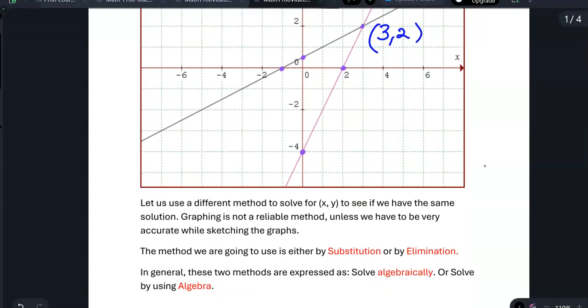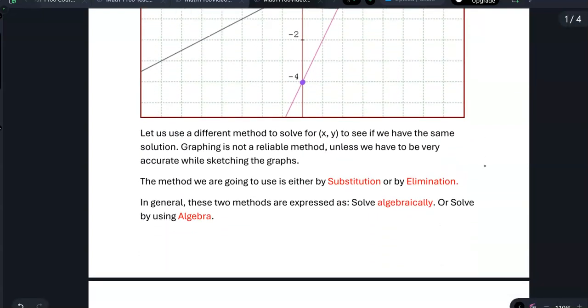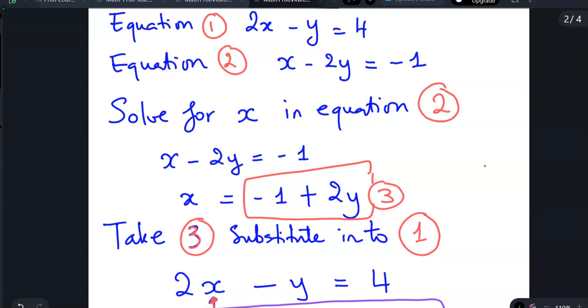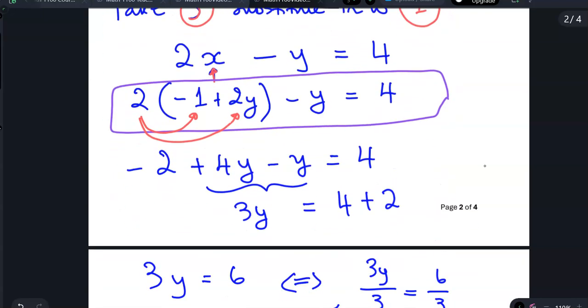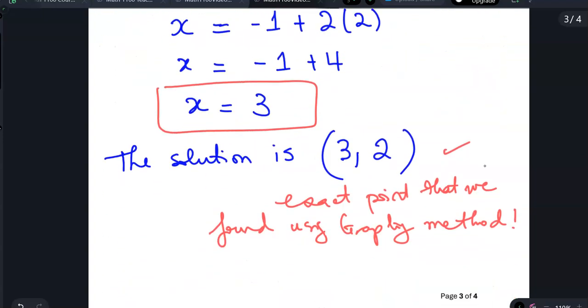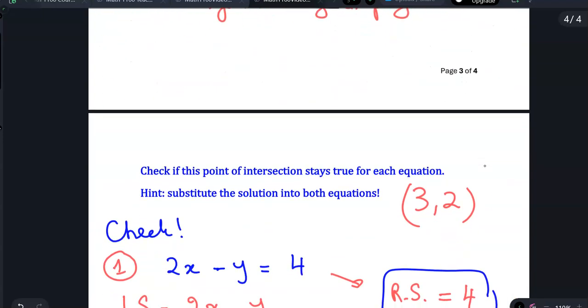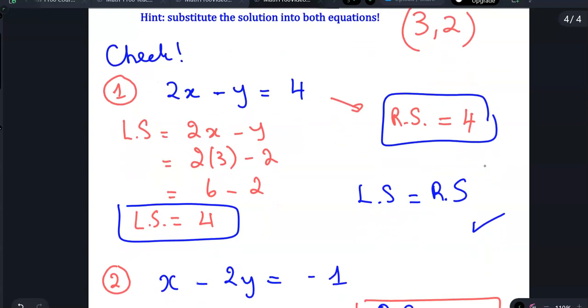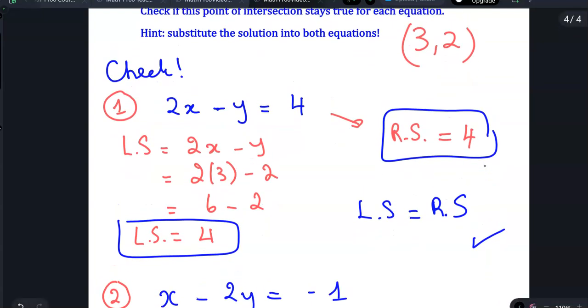And if we are using algebra, you can pick substitution or elimination method. You end up with the same solution as well. So how do we know if we are correct? We know we are correct by substituting the solution into both equations. You have to check both equations.